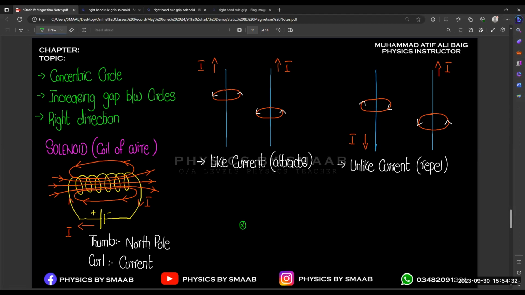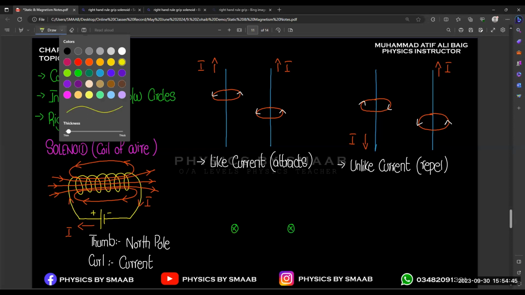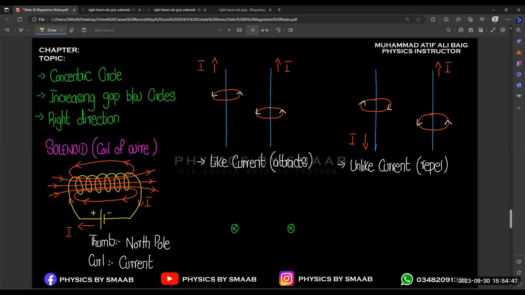Let's suppose we consider the into the paper situation, this is into the paper, this is also into the paper. And if we want to mark the magnetic field around it, this will be the magnetic field.